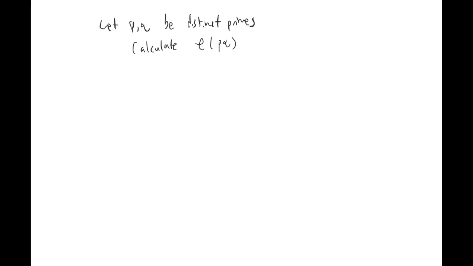So what are two obvious things that divide pq? Again, we are going to find those not coprime to pq. So what two numbers obviously divide p times q? Good. Now, what other numbers can divide p times q?